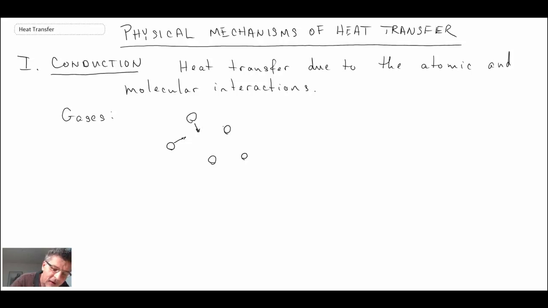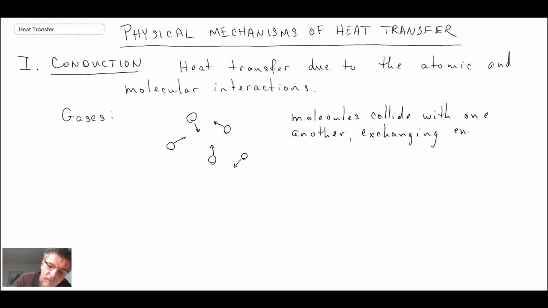They all have different velocities, and they're all hitting into one another, colliding, and exchanging momentum in the process. So it is that energy exchange that is represented by conduction within a gas.